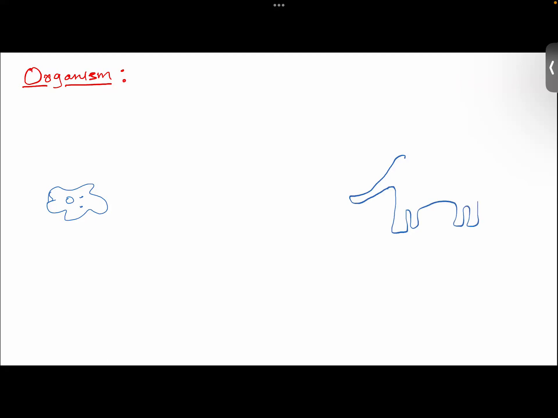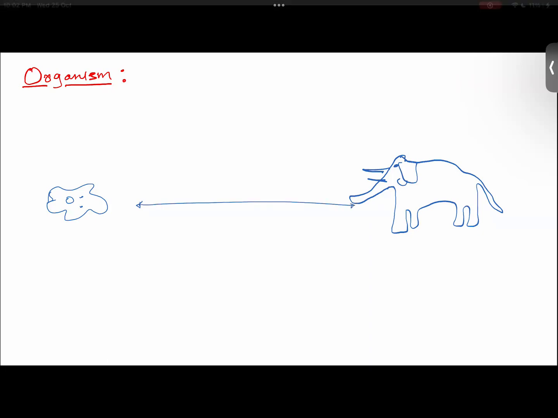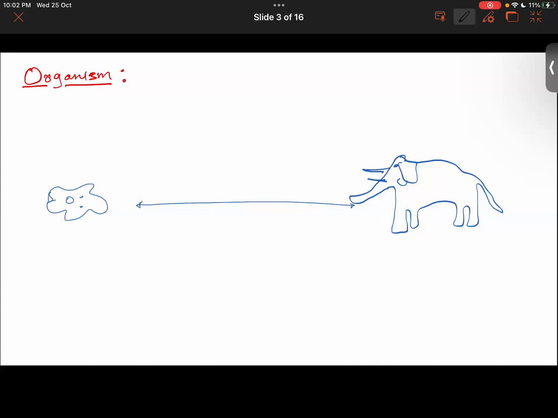Now you have the elephant over here, right? So ranging from an elephant to a microorganism, it could be anything that is present in between. So we simply define that an organism is simply defined as any living thing.